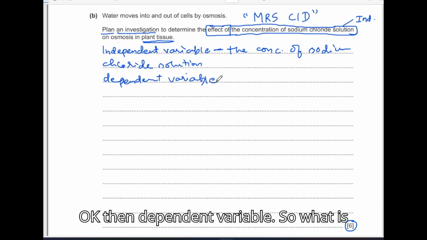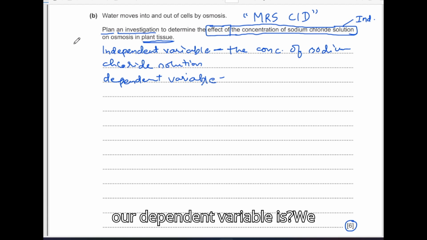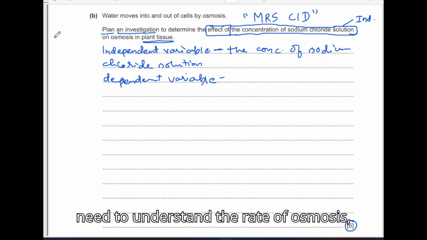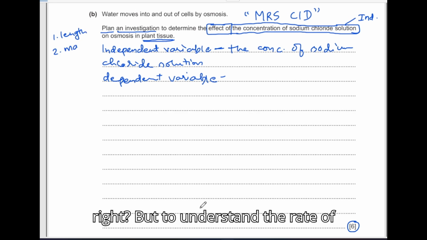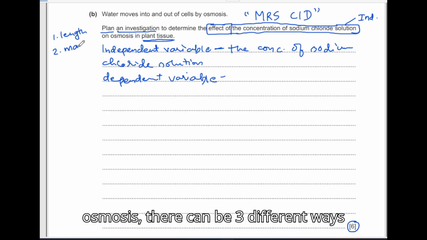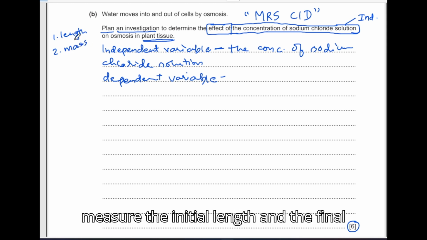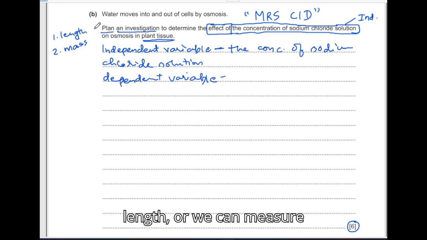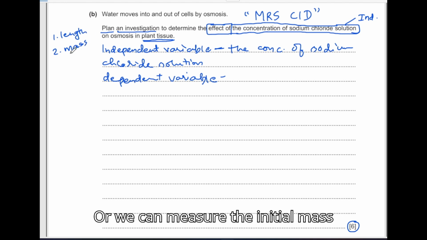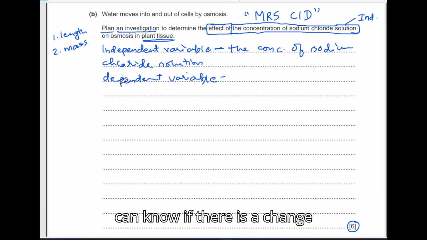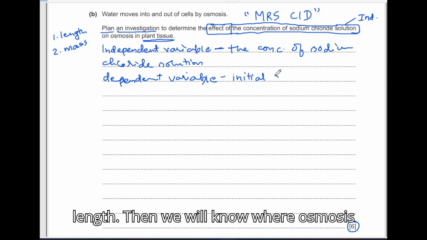Then the dependent variable. We need to understand the rate of osmosis, right? But to understand the rate of osmosis, there are 3 different ways we can do it. We can measure the initial length and the final length, or we can measure the initial mass and the final mass. If there is a change in mass or a change in length, then we will know where osmosis has taken place fastest.